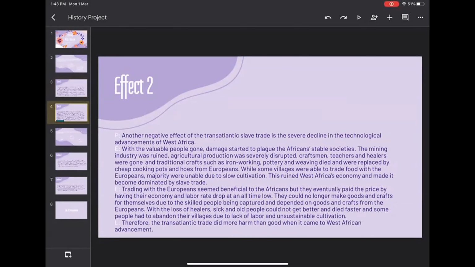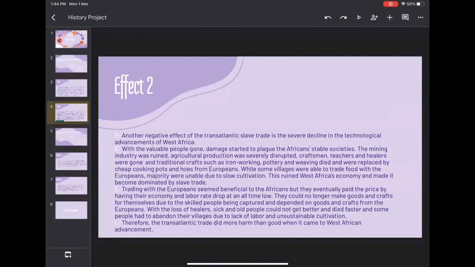Effect 2. Another negative effect of the transatlantic slave trade is the severe decline in the technological advancements of West Africa. With the valuable people gone, damage started to plague the African stable societies. The mining industry was ruined, agricultural production was severely disrupted, craftsmen, teachers, and healers were gone, and traditional crafts such as ironworking, pottery, and weaving died and were replaced by cheap cooking pots and hoes from Europeans.